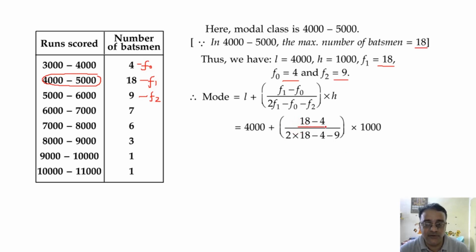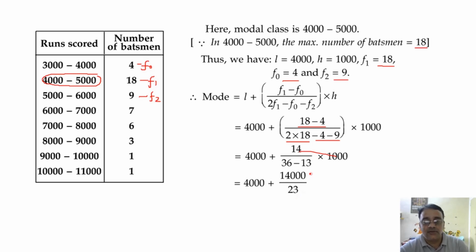So this will become 14 और ये हो जाएगा 36 minus 13, right? So 14 upon 23. So 14 into 1000, 14,000 upon 23. 23 is a prime number. इसको 23 से डिवाइड करेंगे तो 608.69 approximately आएगा.